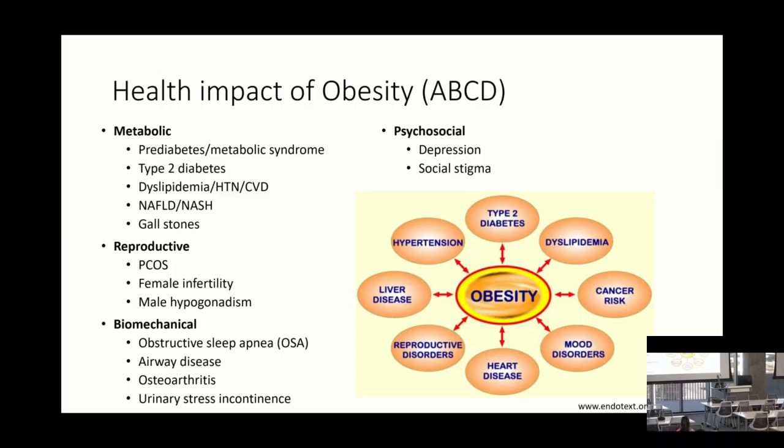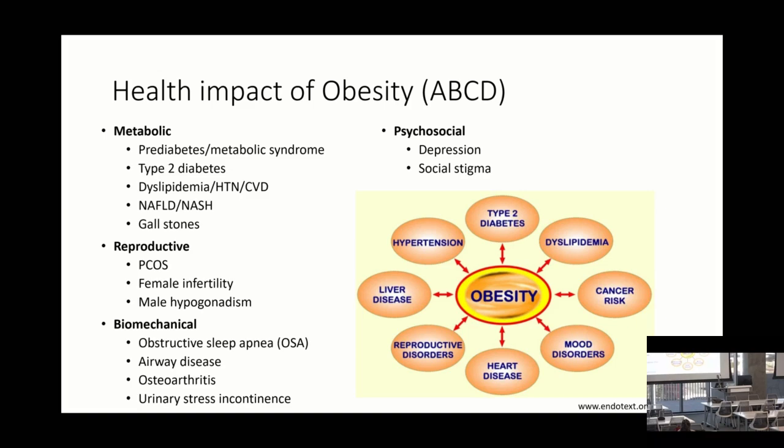And then gallstones. And then there's reproductive. Having excess body fat leads to things like polycystic ovarian syndrome. You guys, did you do PCOS? No? Okay, I think that would be in the reproduction maybe. Then it can cause female infertility and male hypogonadism. And then biomechanical, this is from just the mechanical effect of the excess fat.